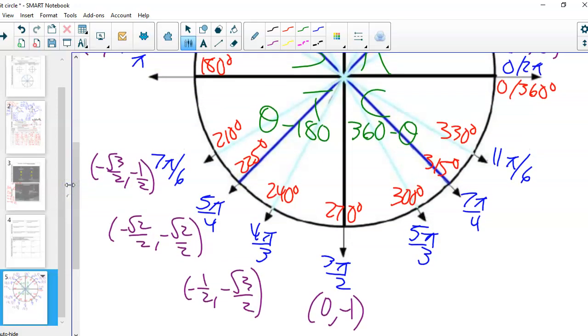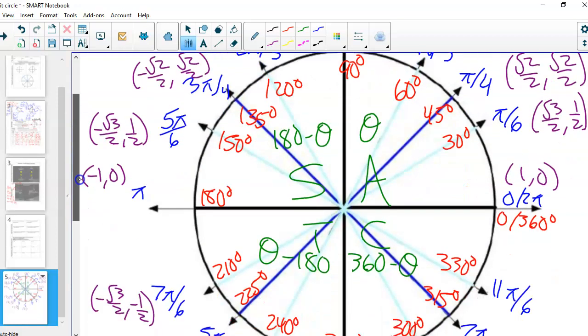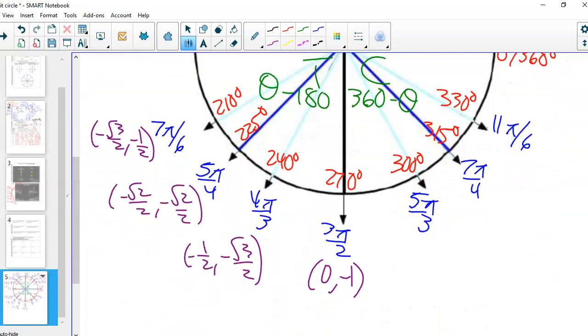360 minus 300 is 60. So if we're looking at our 60, it's going to be this ordered pair, but only cosine is positive, so sine is negative. 360 minus 315 is 45.